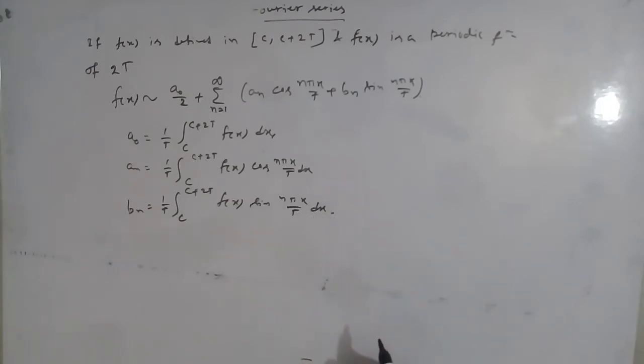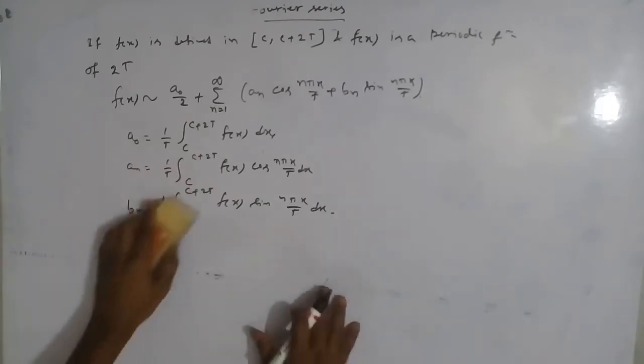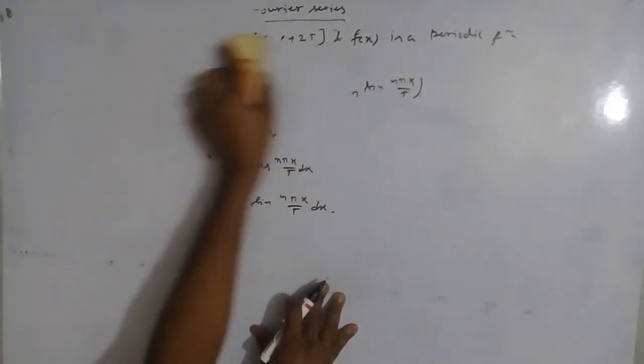Okay, so this was the definition of Fourier series if the function is defined on the interval c to c plus 2t. Now there is another type of Fourier series called half range series.